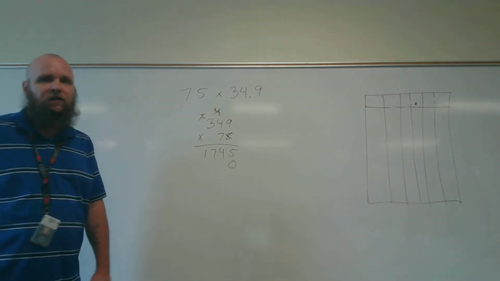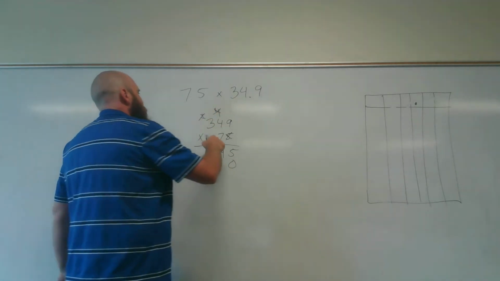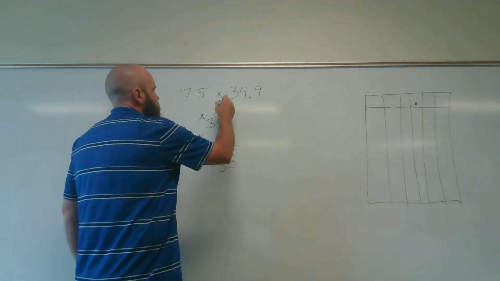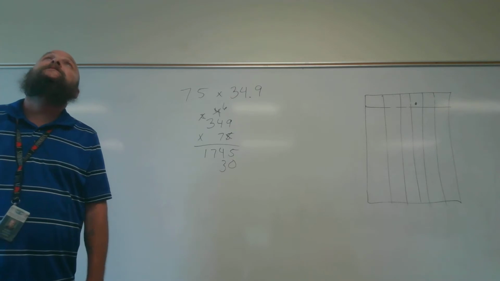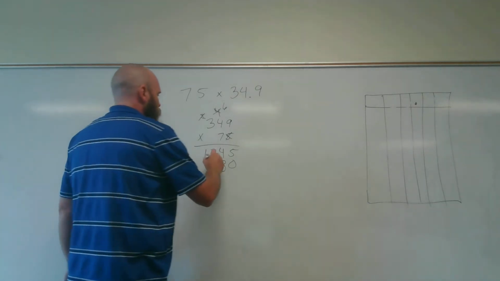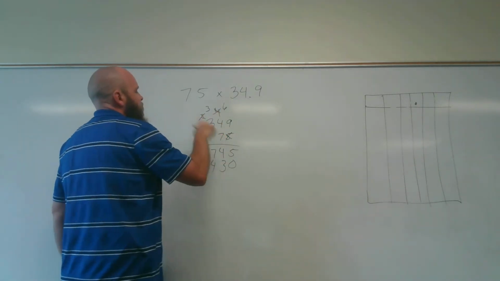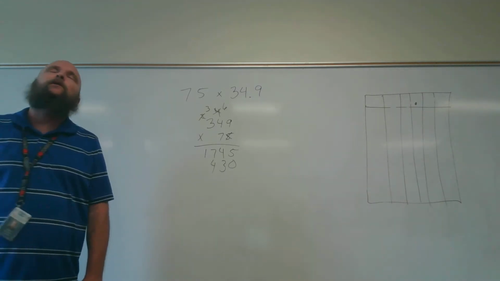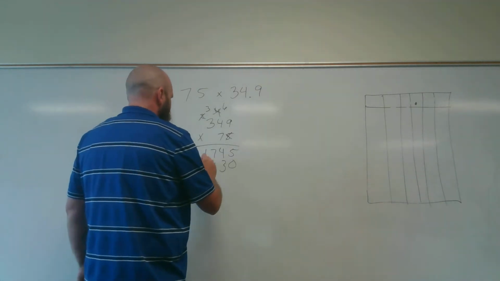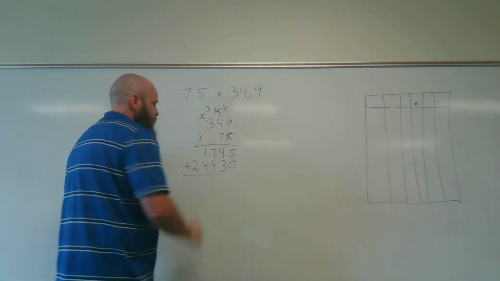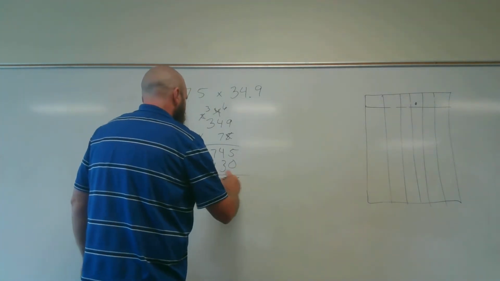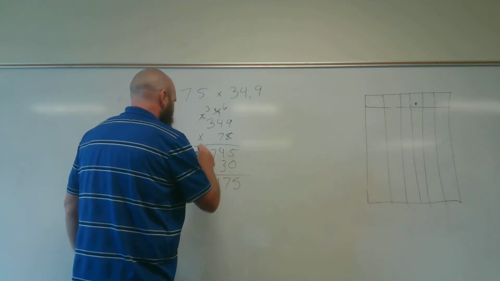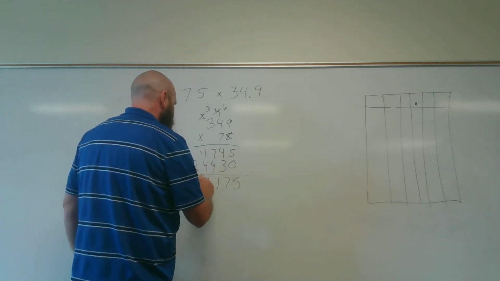We use the 7 because it's in the tens place. 7 times 9 is 63, carry the 6. 7 times 4 is 28, plus 6 is 34. Carry the 3. 7 times 3 is 21, plus 3 is 24. We find the sum of our two products. We have 5, 7, 11, 6, 2.